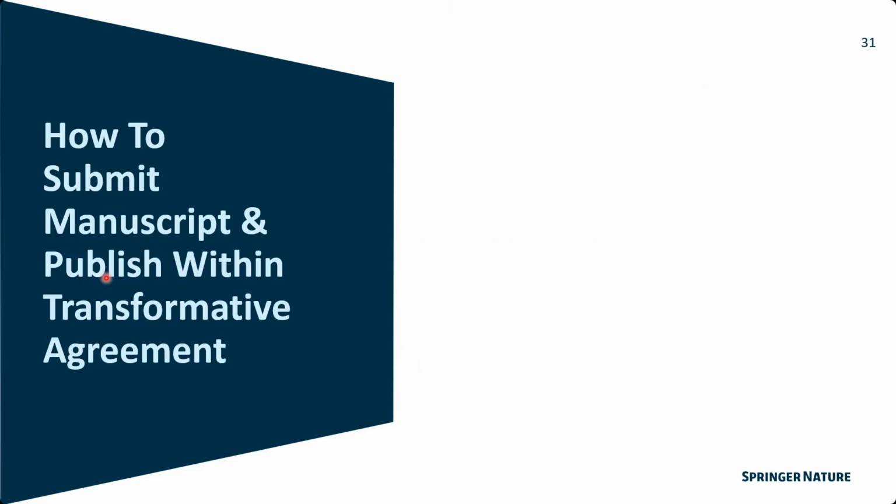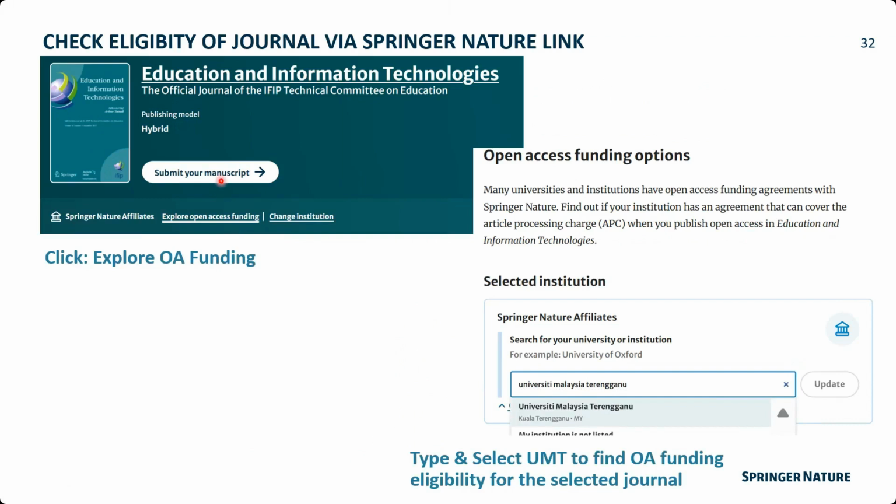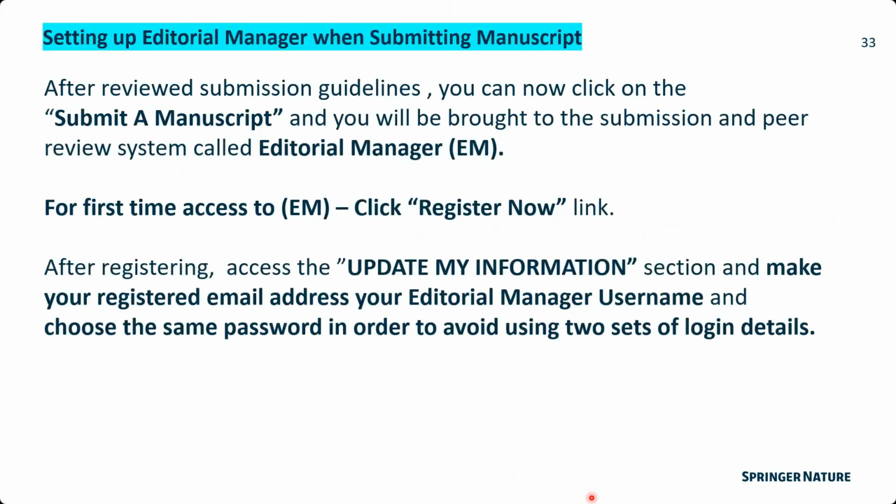How to submit your manuscript? So this was the one that I mentioned just now. You click here, submit your manuscript, or you can check the funding under the open access funding option. Once you click submit manuscript, it will prompt you to create an account and register. So you need to update your information first as a corresponding author.